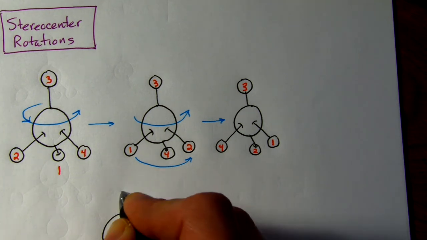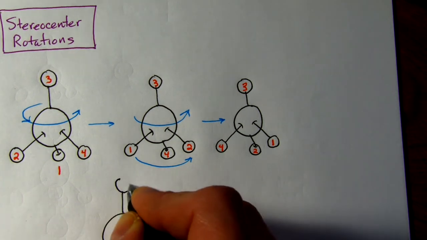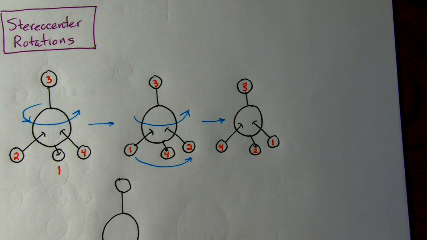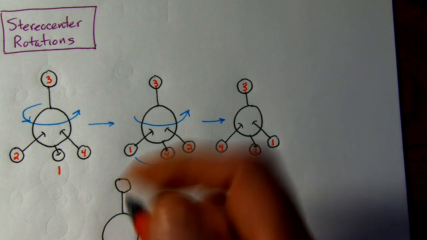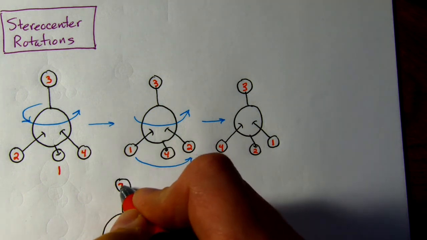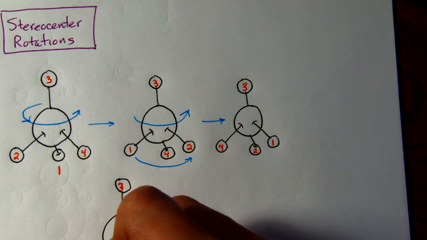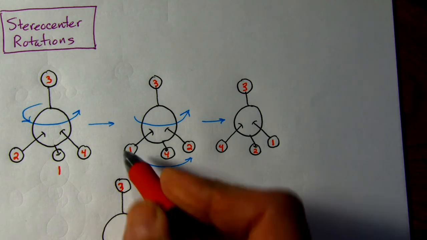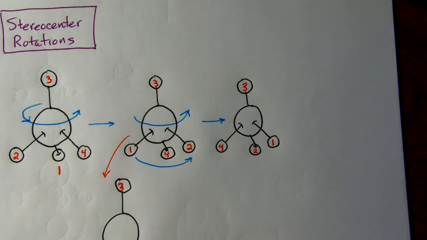We're going to have the 3 up here. And if we put the 1 and the 2, right, let's put 1 here. Now 1 is going to be in the plane. I'm sorry, 3 should be up here. And then 1 is down here. Okay, so we've taken this diagram here. We're coming down in this direction.